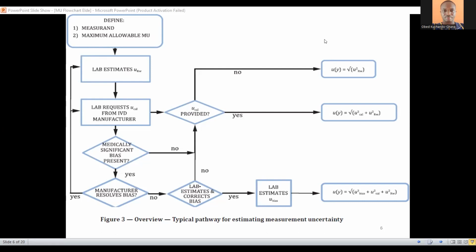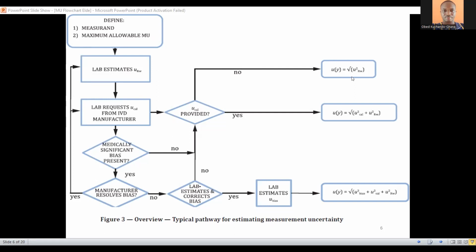Thank you very much. I've understood how you explain this, and maybe I'm thinking of doing this as my improvement project. I want to be very clear: if I don't get the UCAL for the calibrator from the manufacturer, the first no there is okay for me to use? Exactly, yes, it's fine.